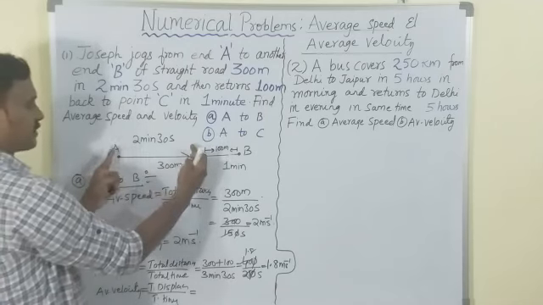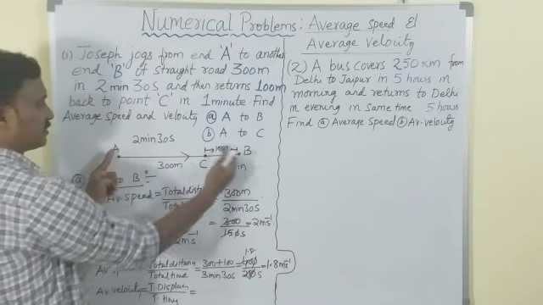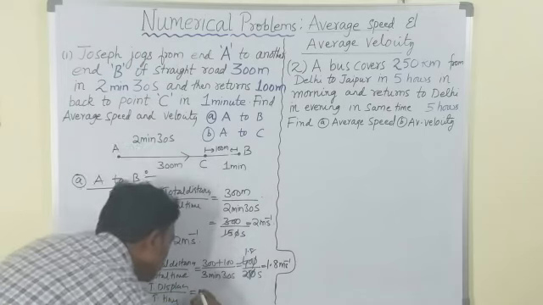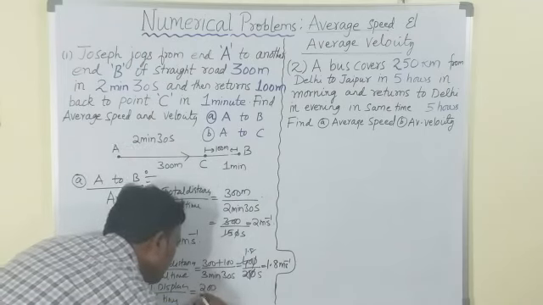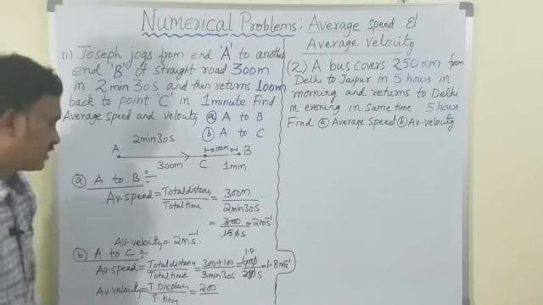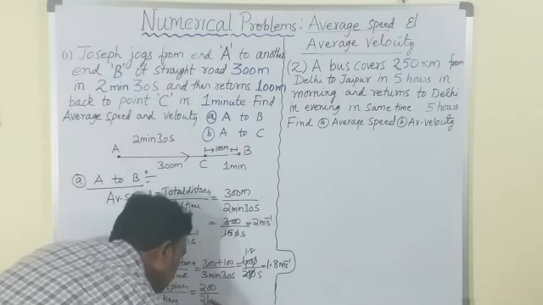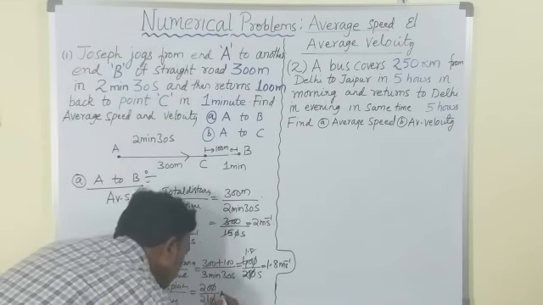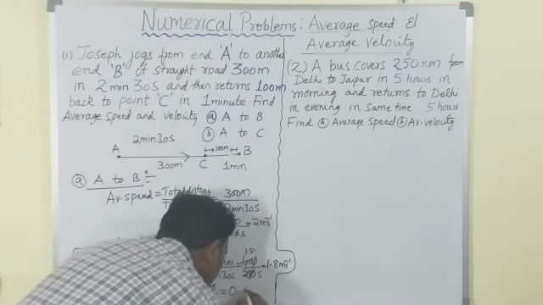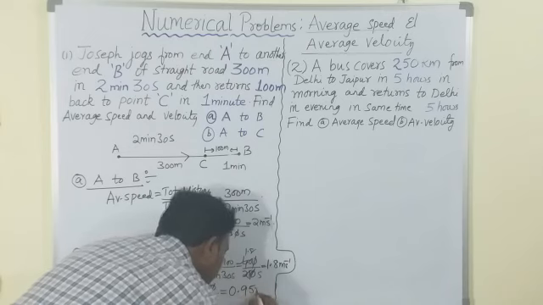What is this distance? It's 300 minus 100, which is 200. So here it is 200 by the same time, 3 minutes 30 seconds, that is 210 seconds. So 20 by 21, you are getting around 0.95. You can just verify this.